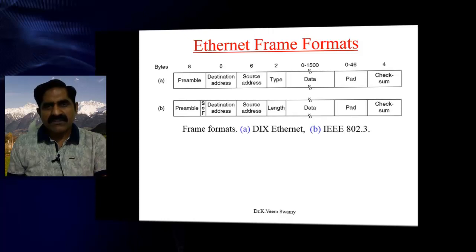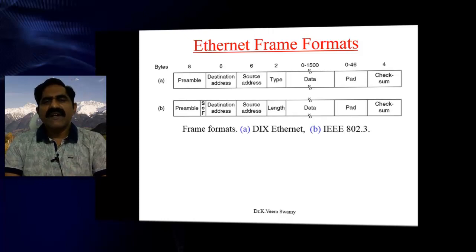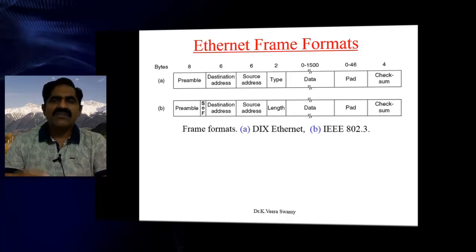These are the two nodes. One is situated in one corner and the other is situated in another corner. We are interested to transfer data from one node to the last node.